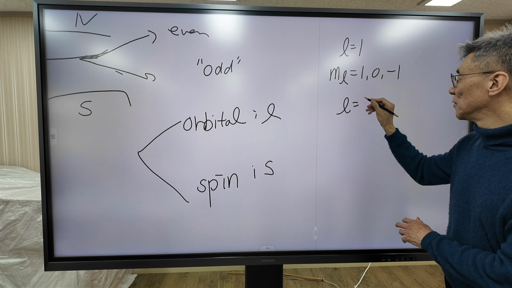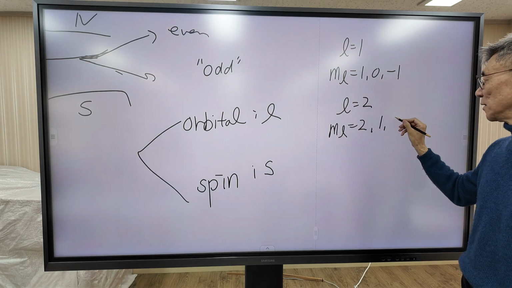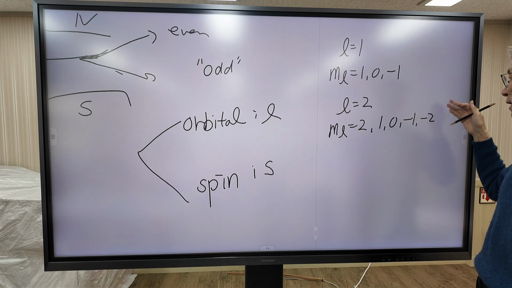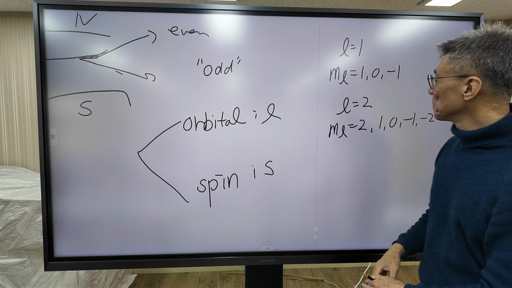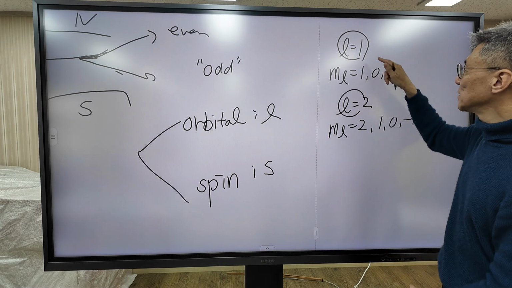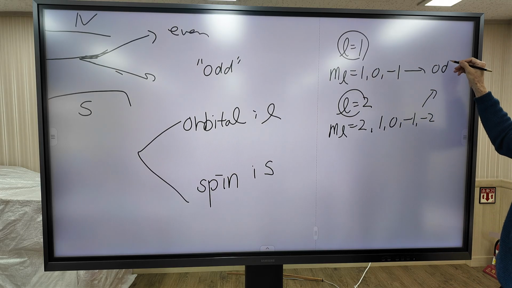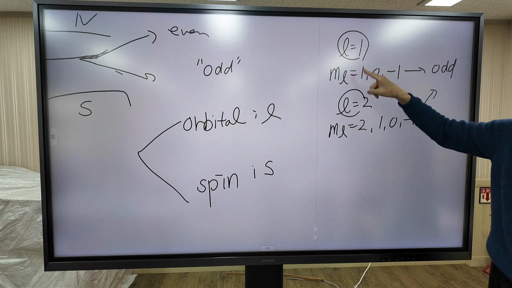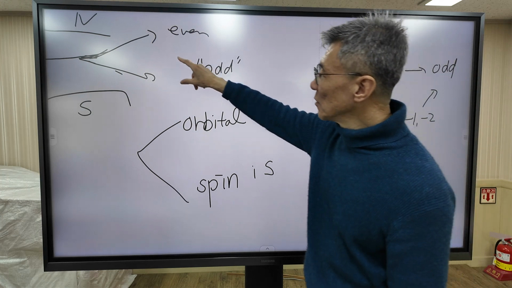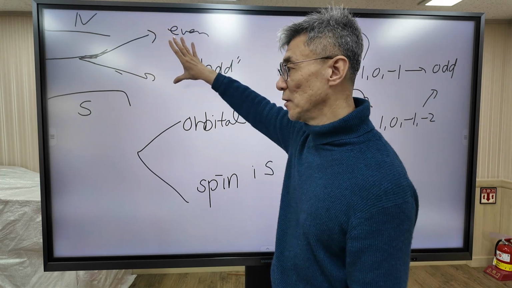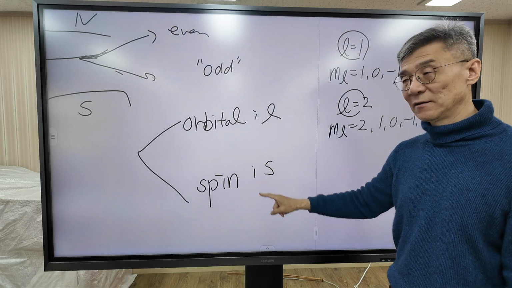For l equal to 1, the possible values of ml are 1, 0, minus 1. For l equal to 2, the possible values of ml are 2, 1, 0, minus 1, minus 2, so we have 5 possible states. When the angular momentum quantum number is an integer, the number of possible states is odd. But we observe that an even number of states is possible. So we conclude that the spin angular momentum quantum number is not an integer. It is a half integer, right?